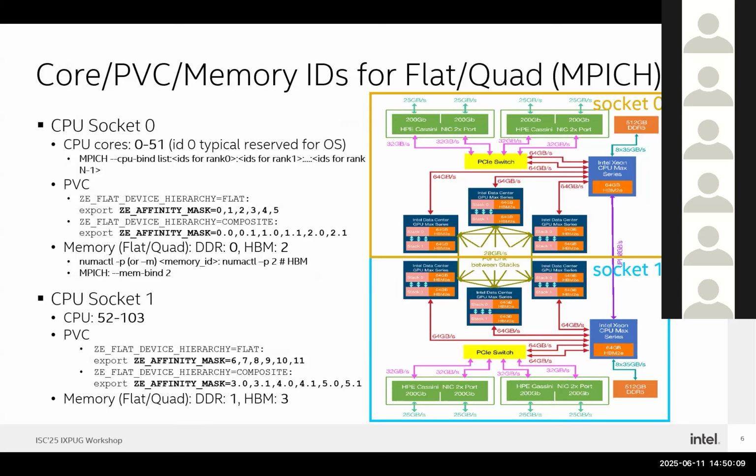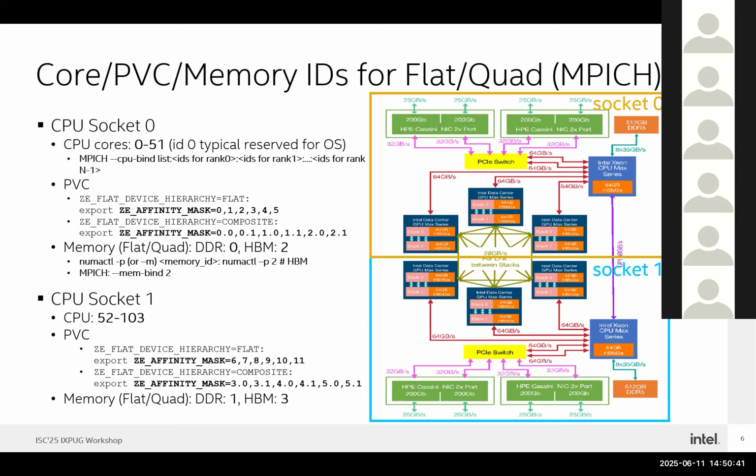So how are these labeled, or what are the IDs of the cores, the PVC? Right. If we look at the top portion, socket 0 or CPU socket 0, there are 52 cores in that blue box, and the ID of the cores on the first CPU socket goes from 0 to 51.